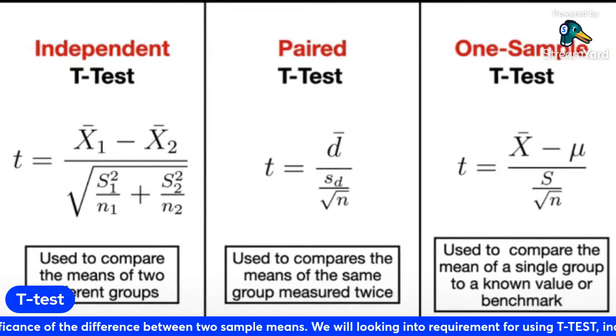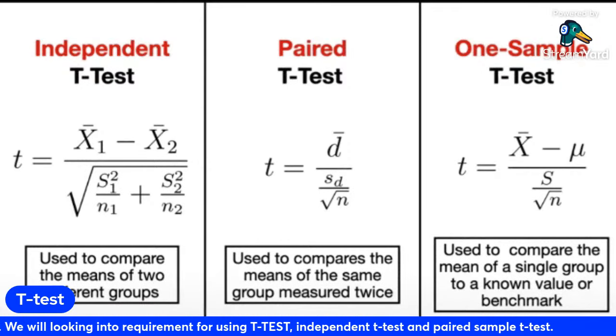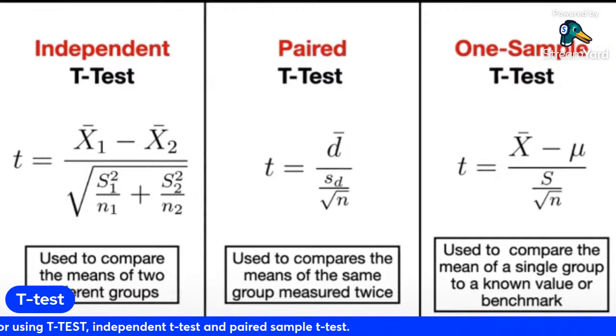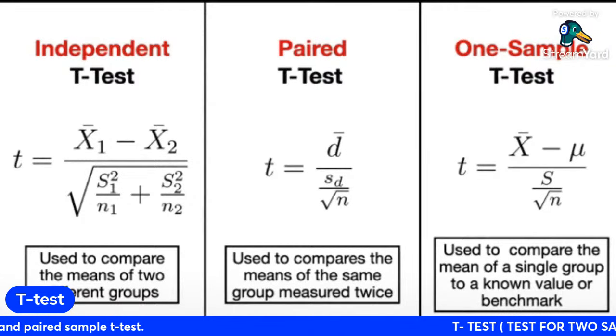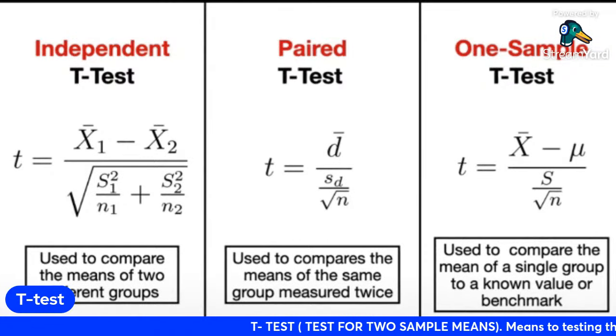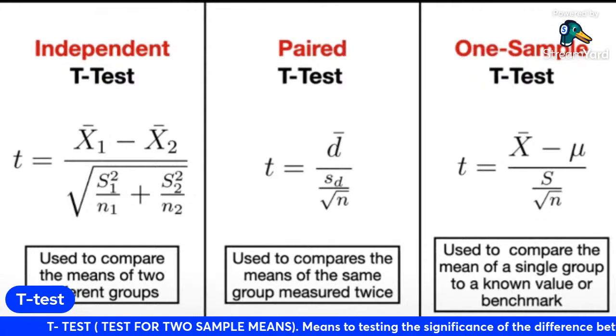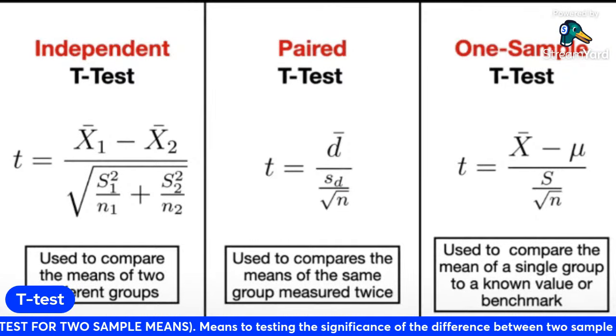The second one is the paired t-test, used to compare the means of the same measure twice. And the third type is the one-sample t-test, and as you can see from the formula, it is used to compare the mean of a single group to a known value or a benchmark. So that's what I want to show you.